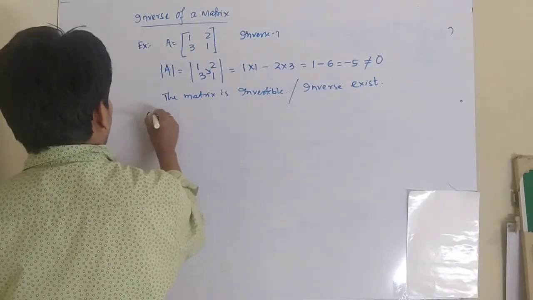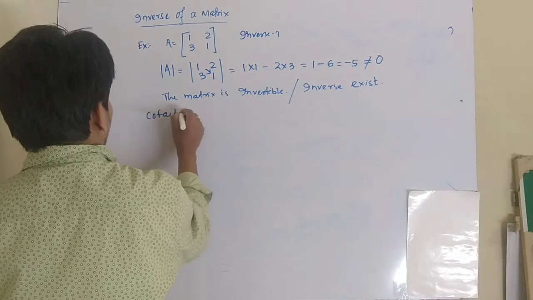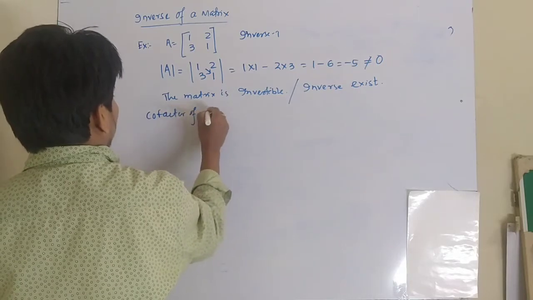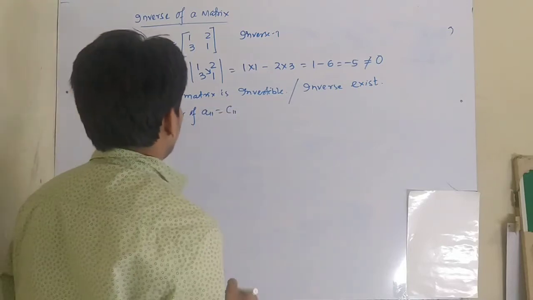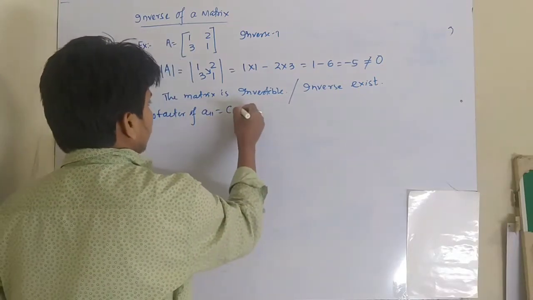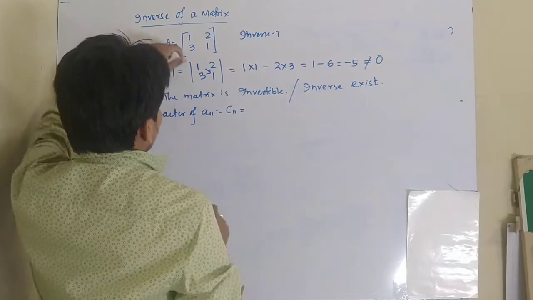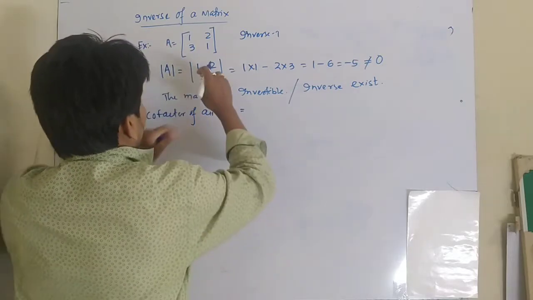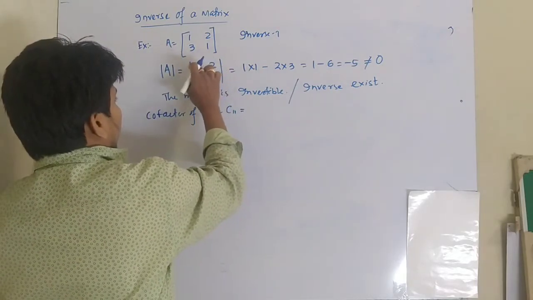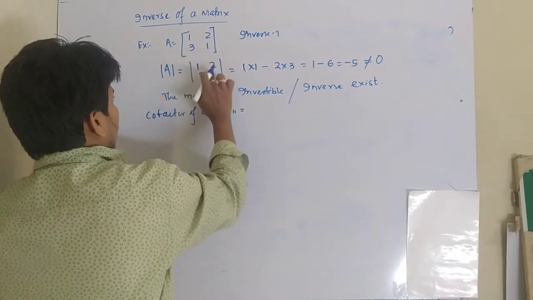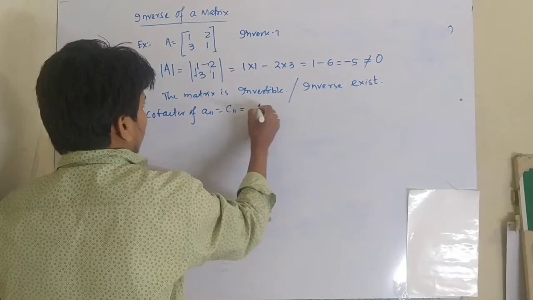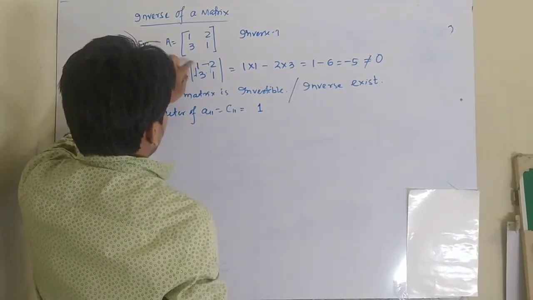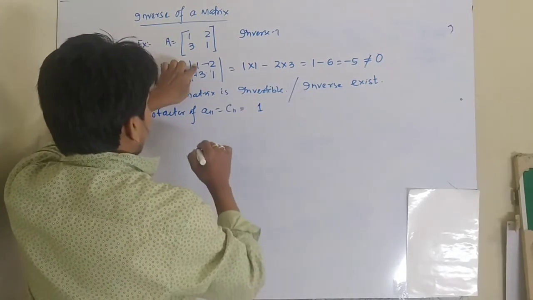Now you find the cofactors. Cofactor of A11, that is C11. You leave this row and this column, then you find only 1, and its sign is plus.